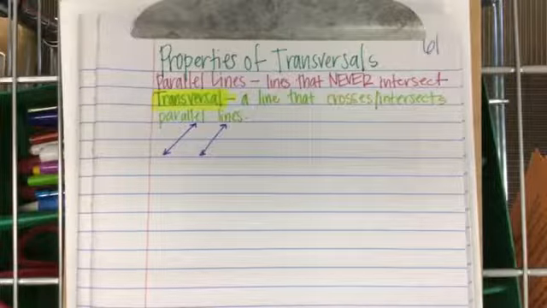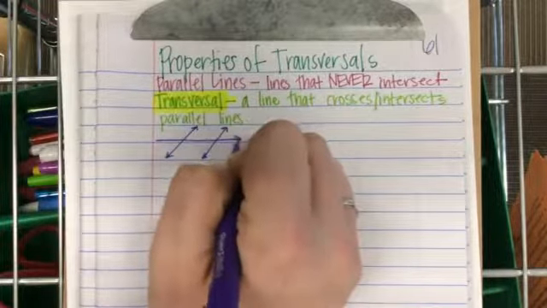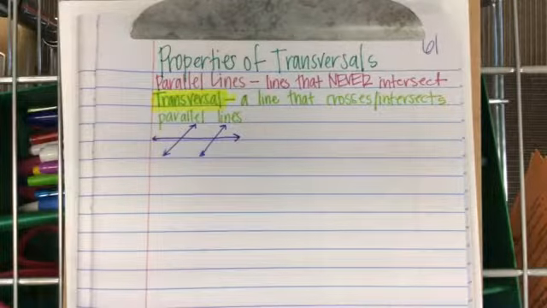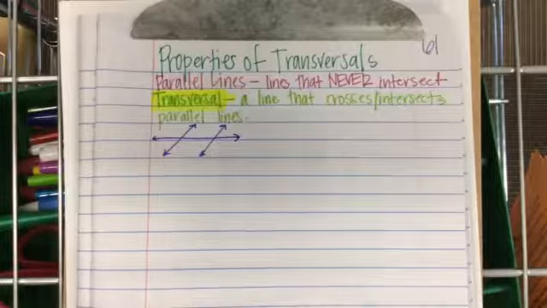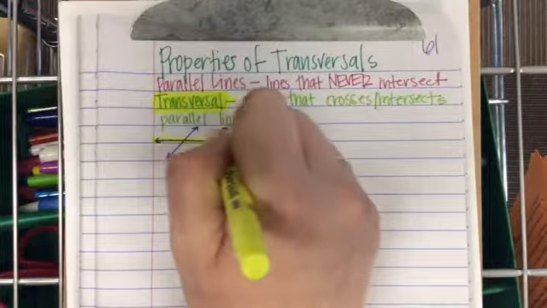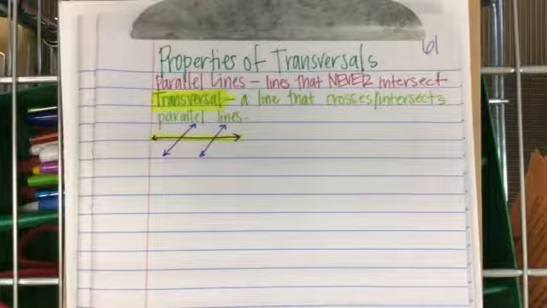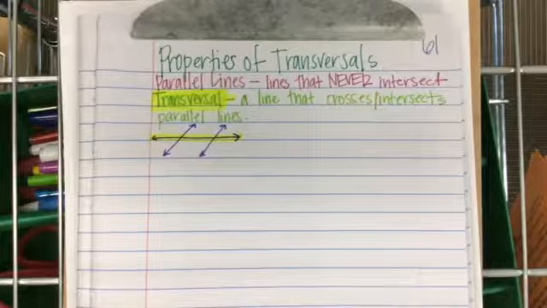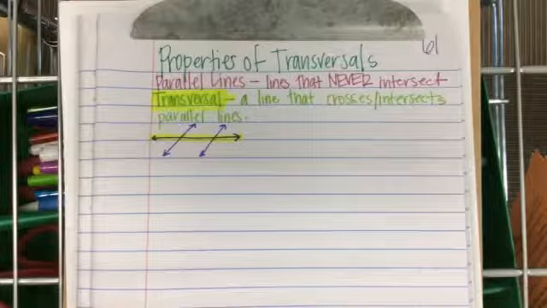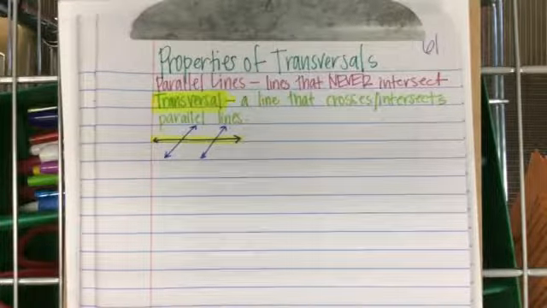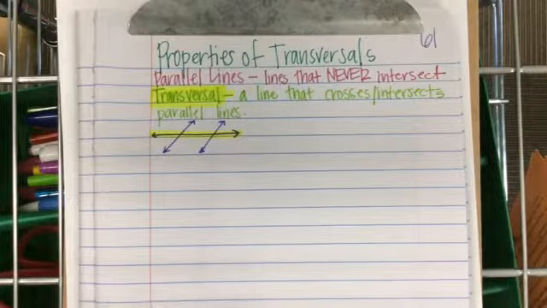I'm going to draw a line that goes through them. Here's my transversal. I have parallel lines, and I've got a line that goes through them. Parallel lines and a transversal.